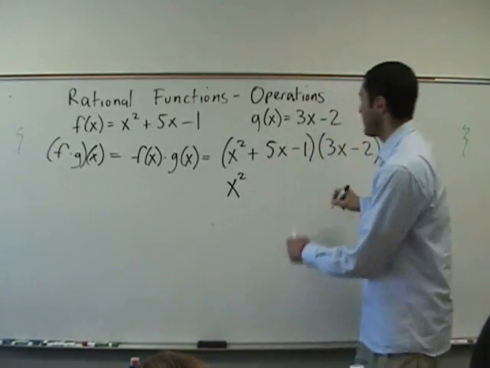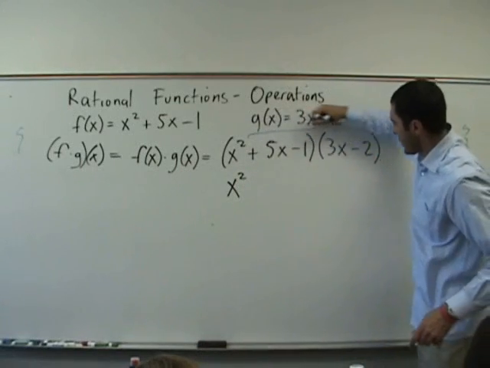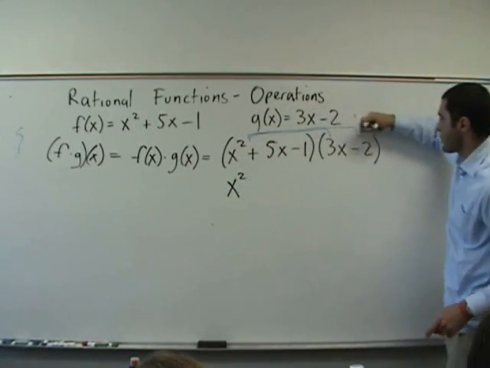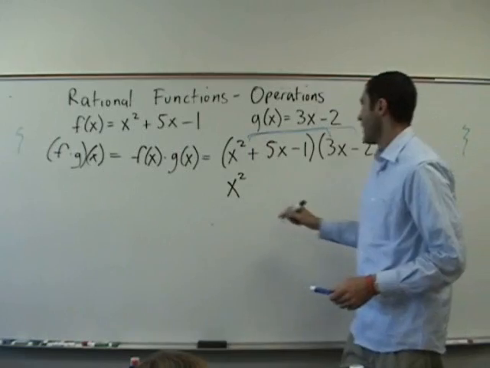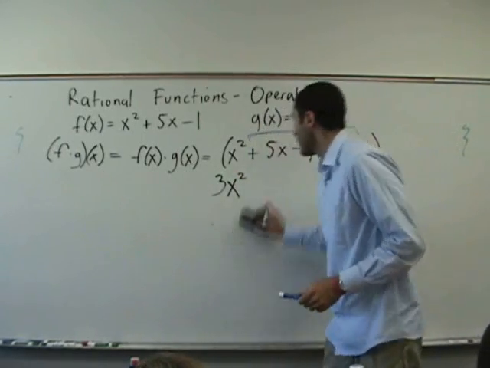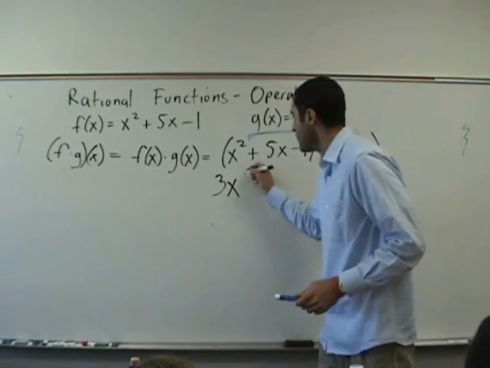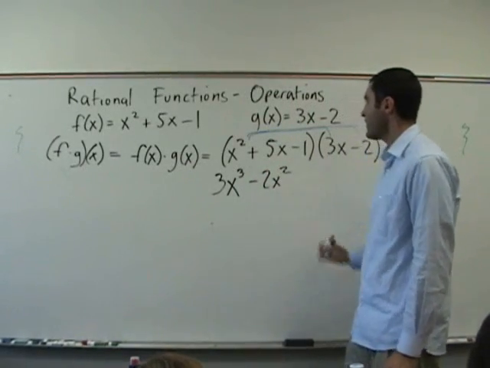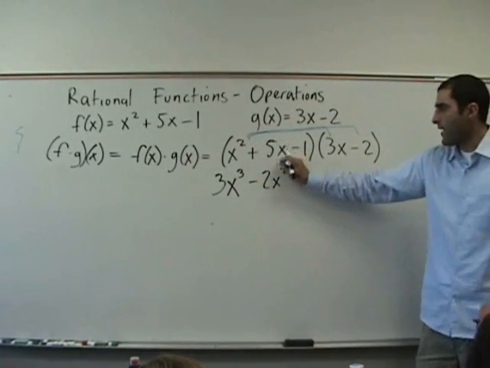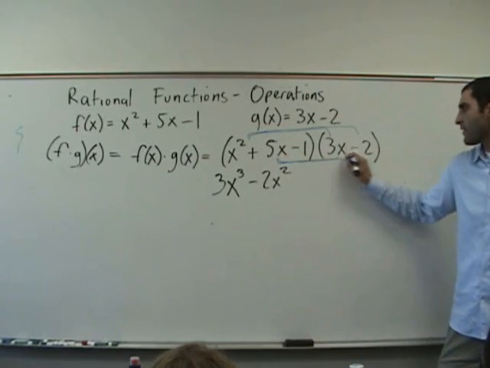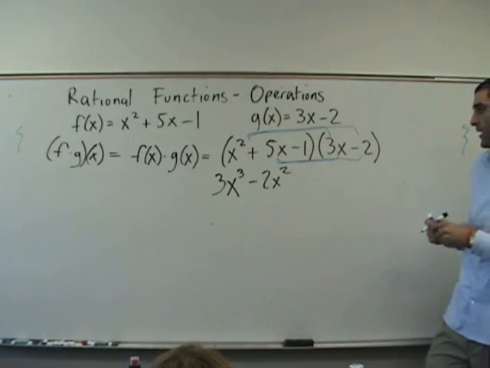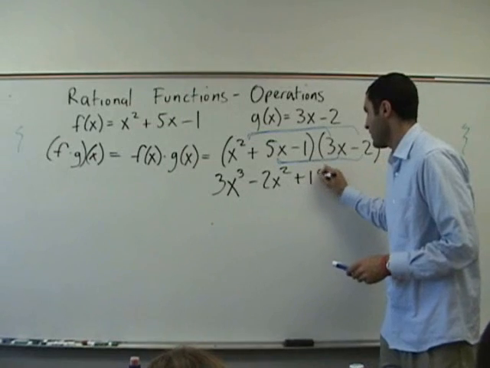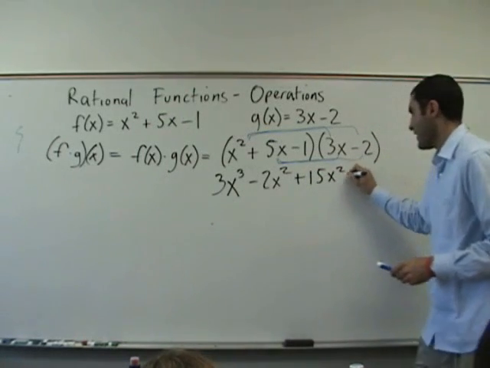x squared times 3x, x squared times negative 2. So that's 3x cubed minus 2x squared. And then we'll take the 5x: 15x squared, minus 10x.